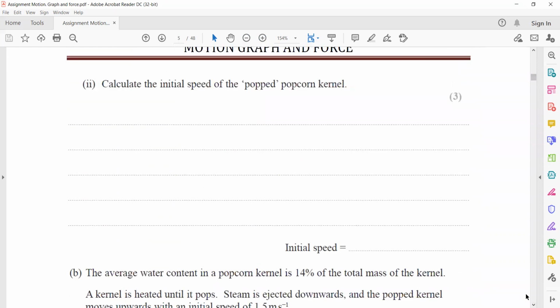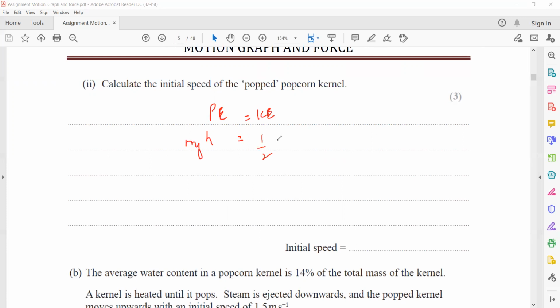Then calculate the initial speed. How can we work out the initial speed? So we can use the conservation of energy. The potential energy changes into kinetic energy. Potential energy is mgh.